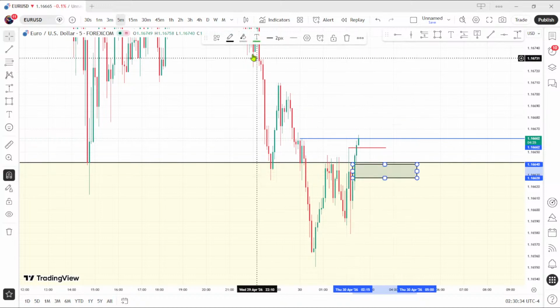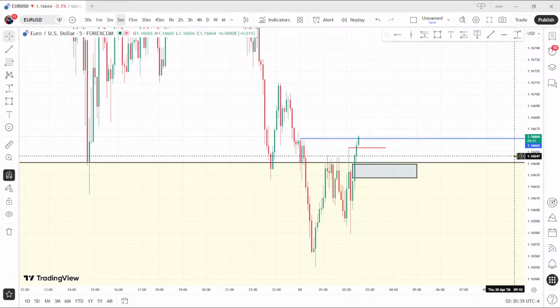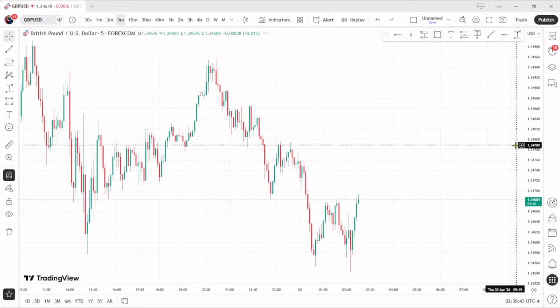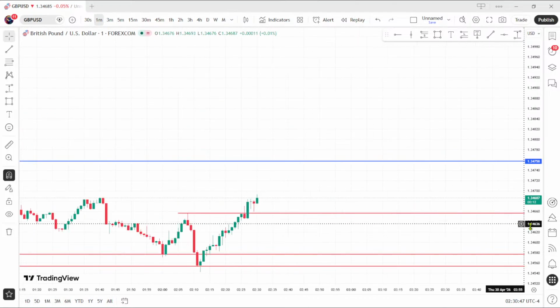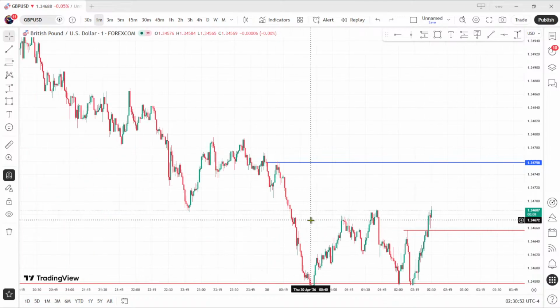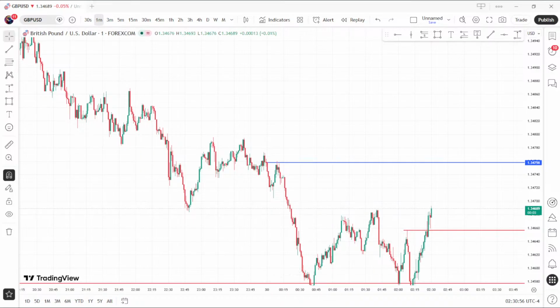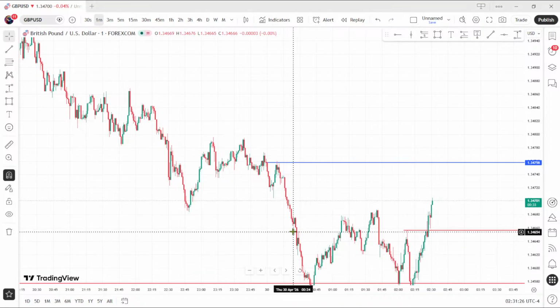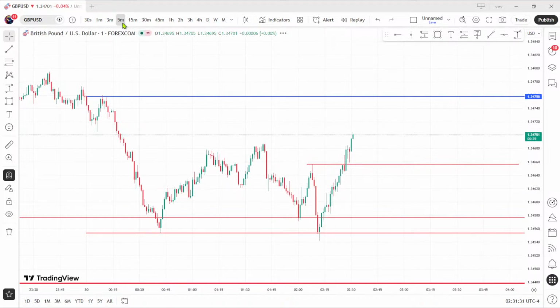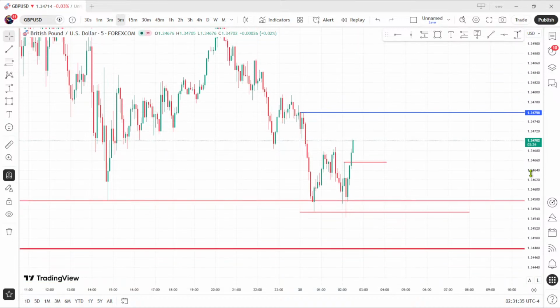It's a 5-minute fair value gap. That's done a market structure shift.